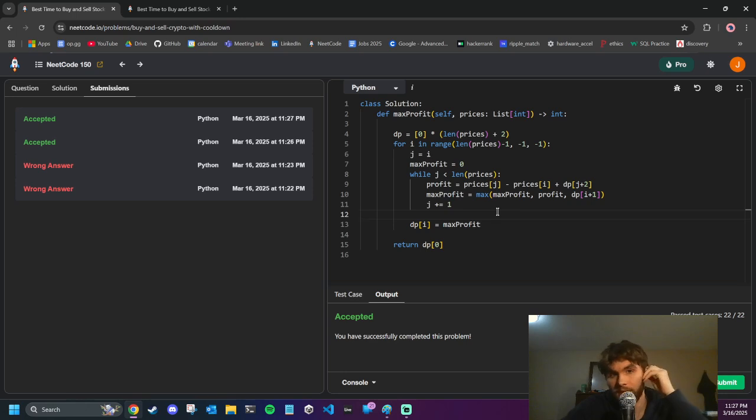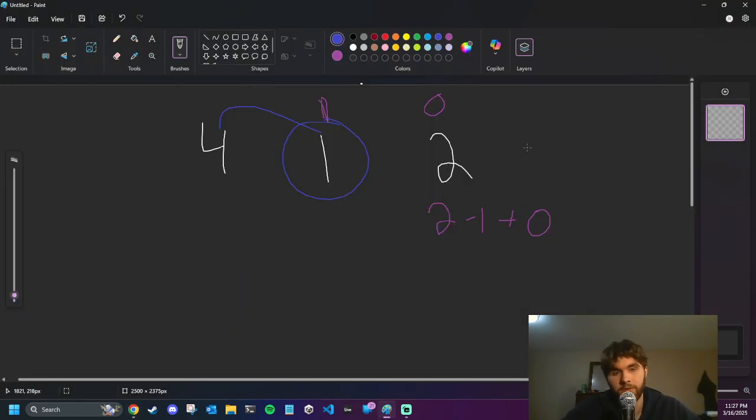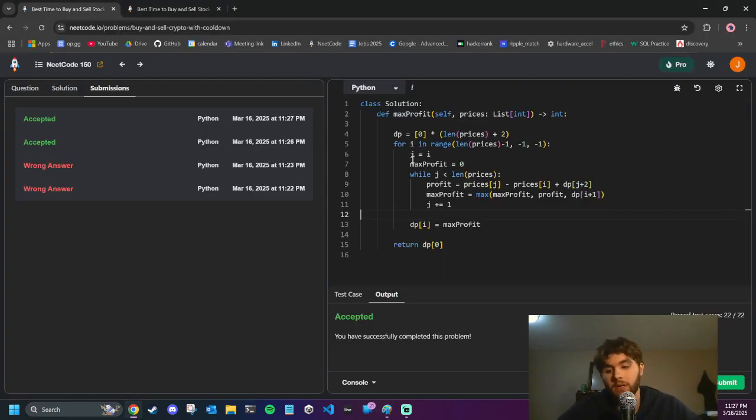I'm really glad that I stuck to the dynamic programming fundamentals of looking at the subproblems and figuring out the recurrence relation, how in my subproblem I can use the answer of a previous subproblem to get the answer.